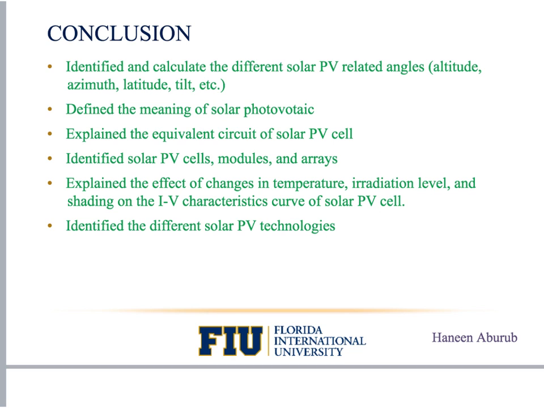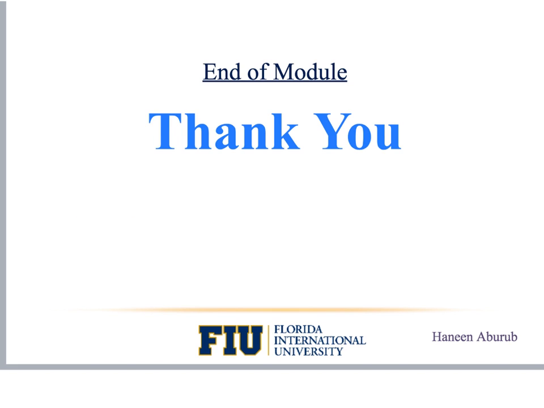Then we explained the effect of changes in temperature, irradiation level, and shading on the IV characteristic curve of the solar PV cell. Then at the end we identified the different types of solar PV technologies. By that we reach the end of part 1 of this module.